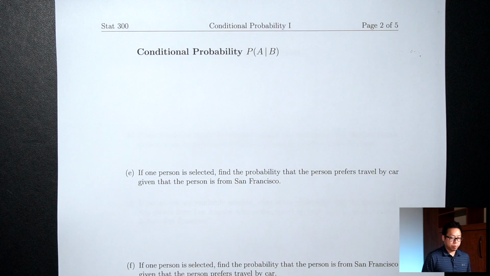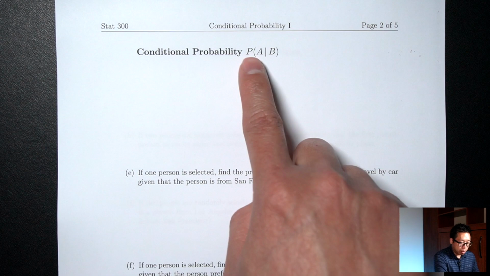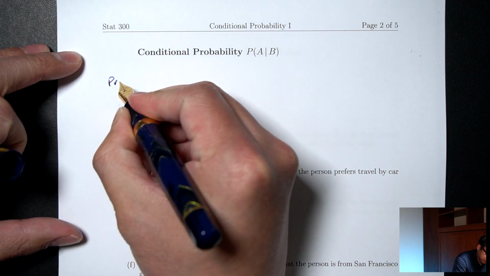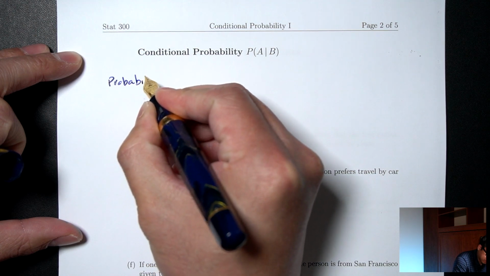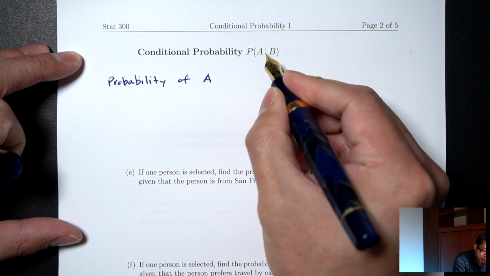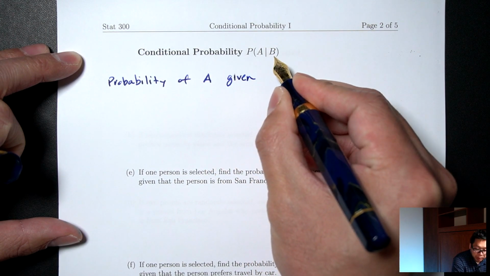Conditional probability. This is the symbol for conditional probability, and the way to read that is probability of A, the line stands for the word given, that B already occurred.